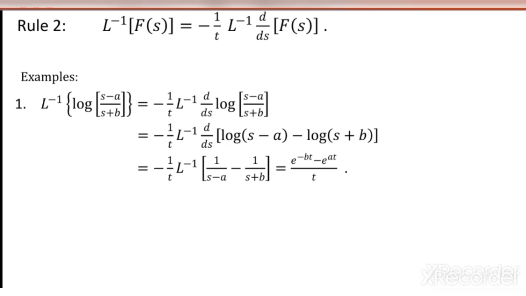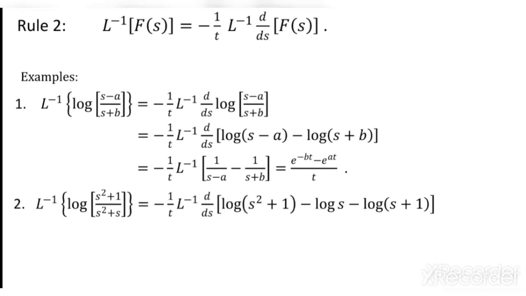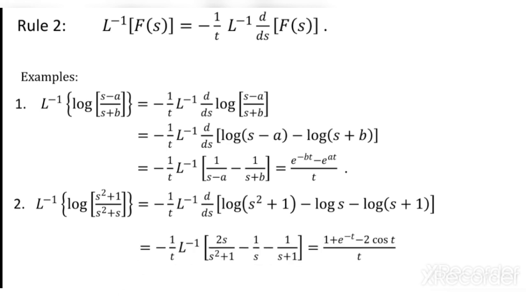So take the second one. I have log of s square plus 1 by s square plus s. By expanding that, we get log of s square plus 1 minus log s minus log s plus 1. So apply d by ds. Derivative of each is 2s by s square plus 1 minus 1 by s minus 1 by s plus 1.